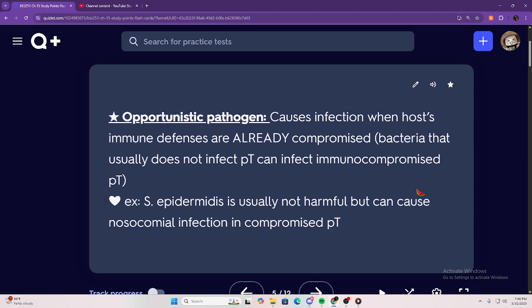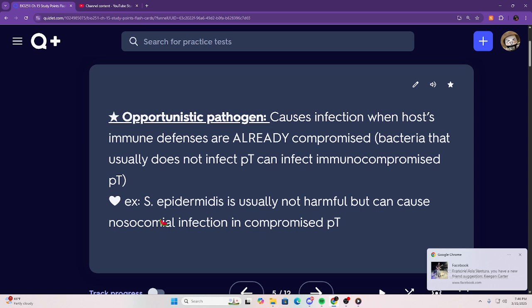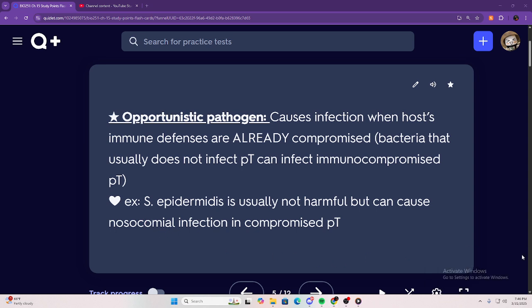An example is Staphylococcus epidermidis. It's really not harmful at all. It just lives on our skin. But if a patient is in the hospital, they can get a nosocomial infection. And remember that nosocomial infections are acquired via the hospital.